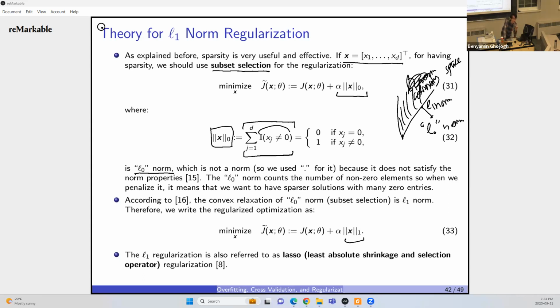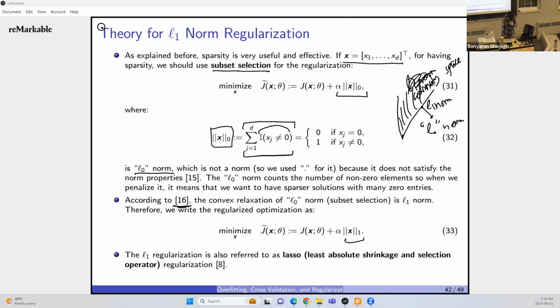Did you understand? Among the norms, assume you have a lot of candidate norms. Do you agree? You have the L1 norm, the L2 norm, the L1.5 norm, the L1.7 norm, right? Sweep p, you have the Lp norm, right? Which one is the closest to the L0 norm? It can be proved mathematically. That is the L1 norm. For the proof, you can see this paper.